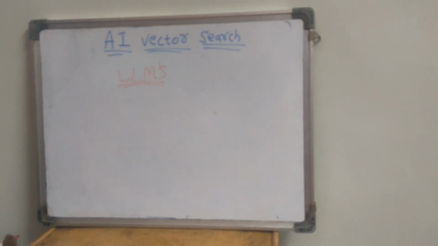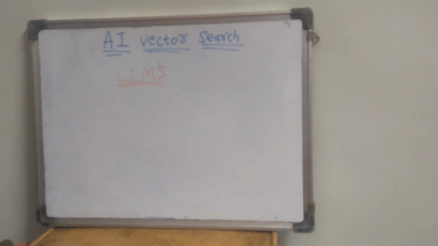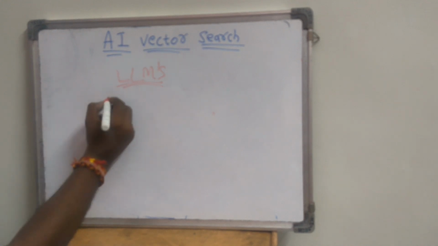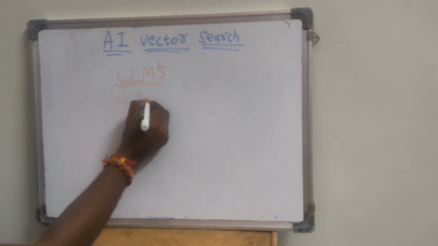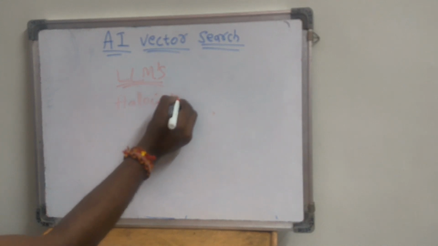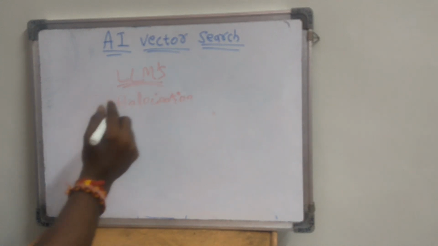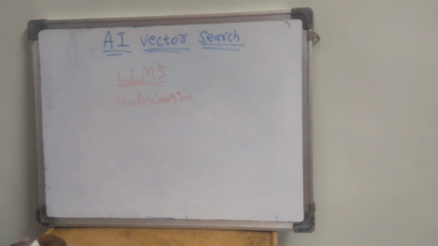A few examples are hallucination concerns of LLMs. Hallucination is essentially when a large language model is asked a question and doesn't know the answer, so it just makes up an answer. And for customers as end users, how do they trust the answer coming from an LLM?